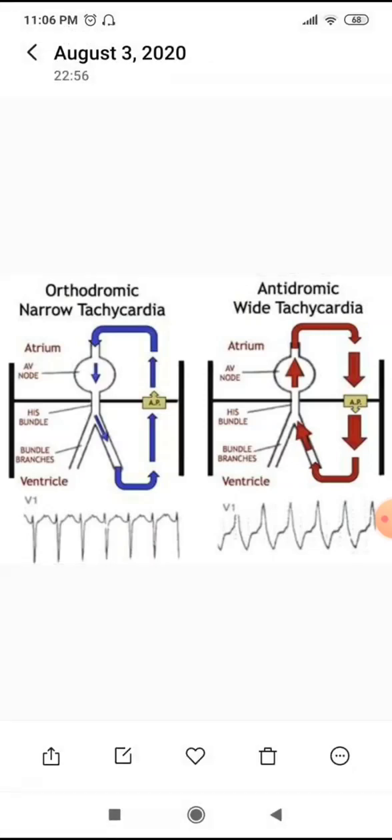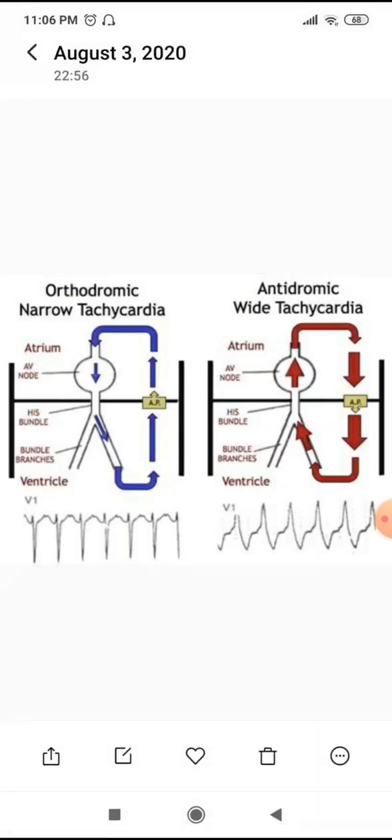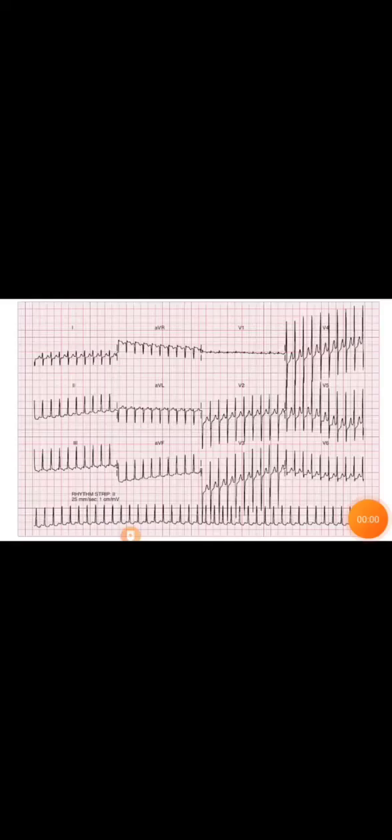However, AVRT is most often of the orthodromic type, that is, the AV node behaves as the antegrade limb and the accessory pathway behaves as the retrograde limb.